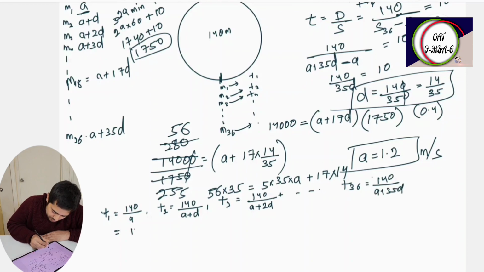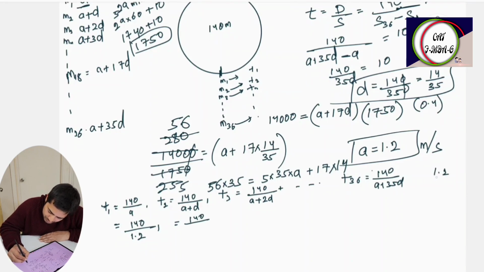Or it can be written as 140 upon a, where a is 1.2. T2 is equal to 140 upon 1.2 plus d, which is 0.4, so 1.6. T3 is equal to 140 divided by 1.6 plus 0.4, so 2.0.